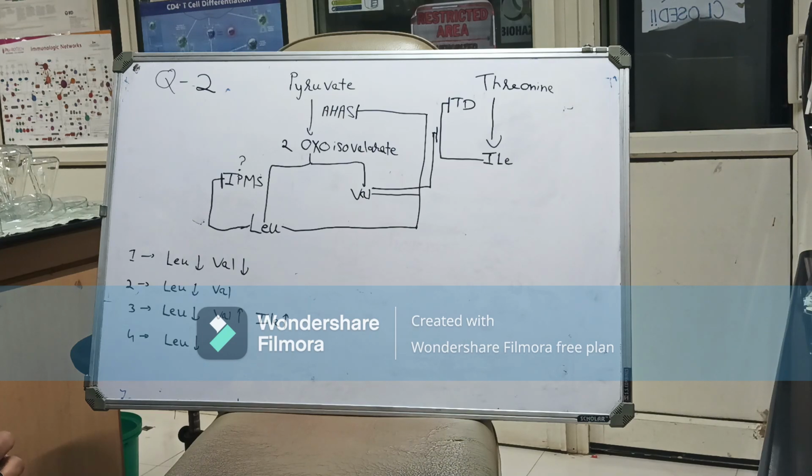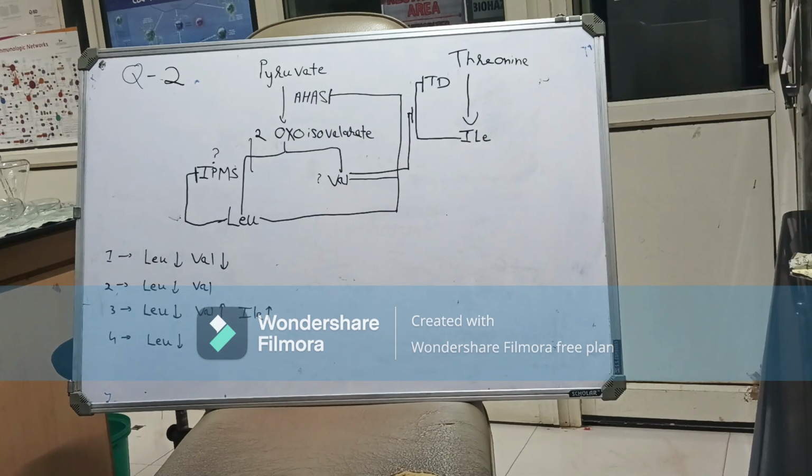We have four options. First option is both the amount of leucine and valine will go down. Second option is leucine will decrease but valine will remain unchanged. Third option is leucine will decrease but valine and isoleucine will increase. And fourth is only leucine will decrease.